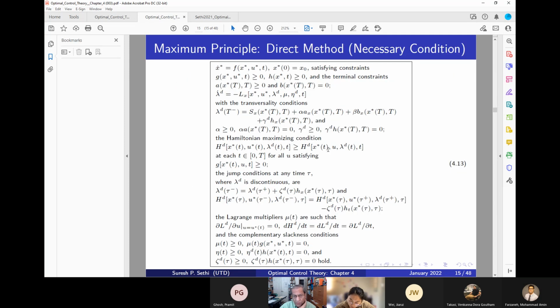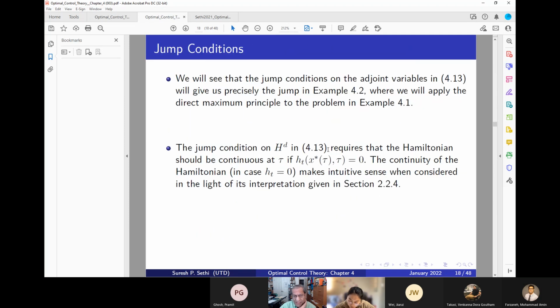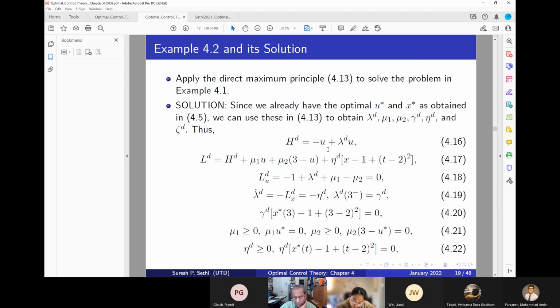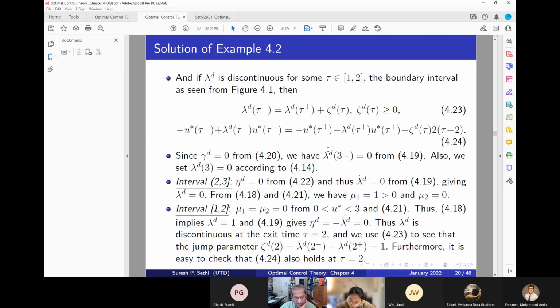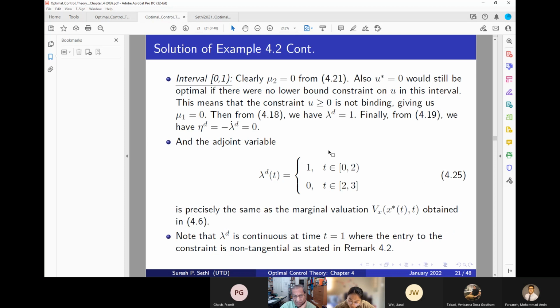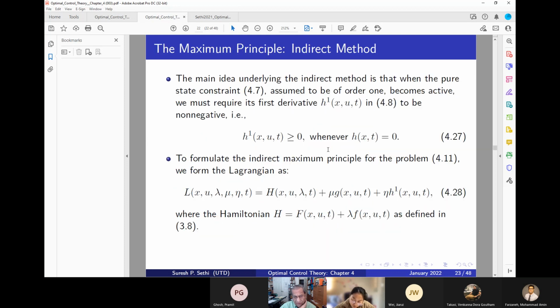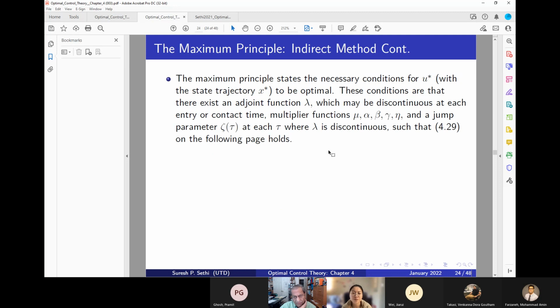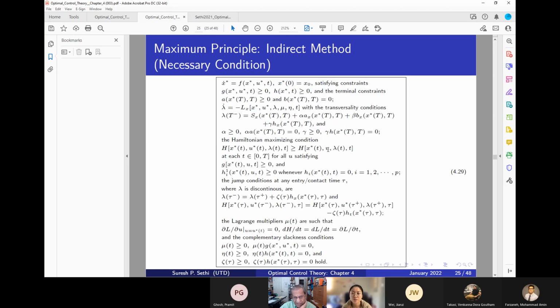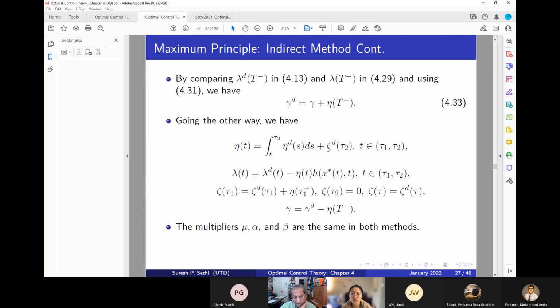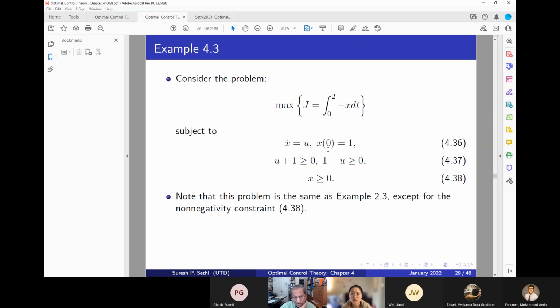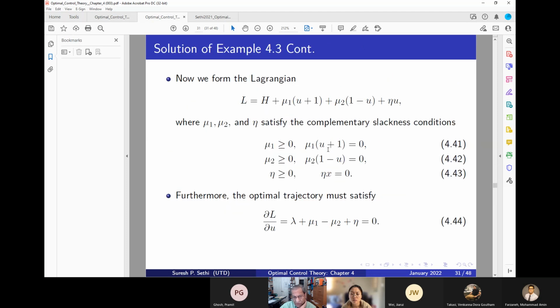What I'm doing now is solving that problem. This is the solution of the problem with the direct maximum principle. We also did the indirect method, I think.